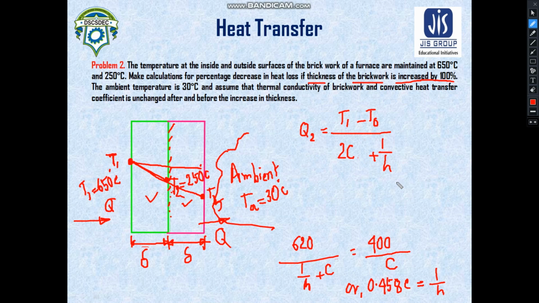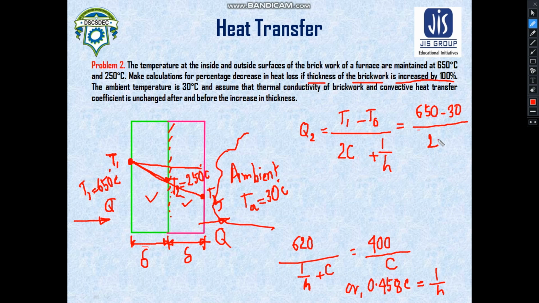Now the question is that we have already found a relation between the C and H, which can be provided here, and after providing that, we also know the value of this 650 minus 30 divided by 2C plus 0.458C.